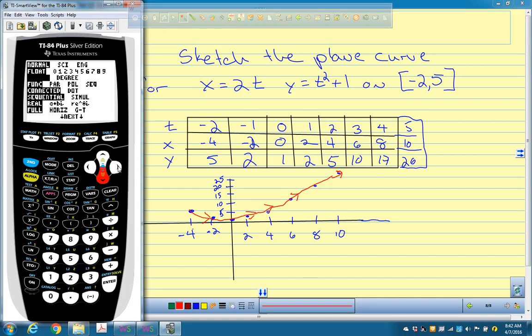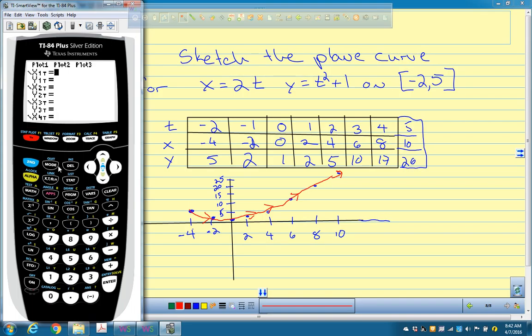Okay, see PAR right there. Parametric mode. Hit enter. You go mode par. Everyone there? Okay.